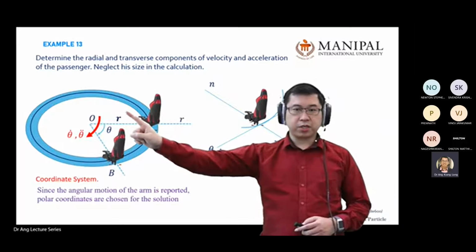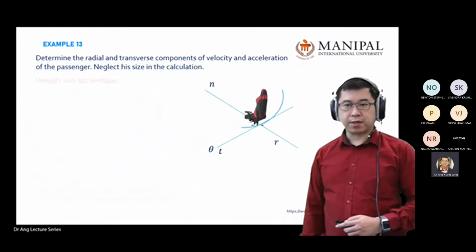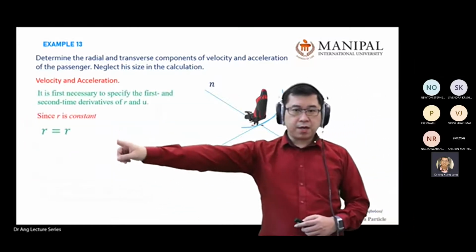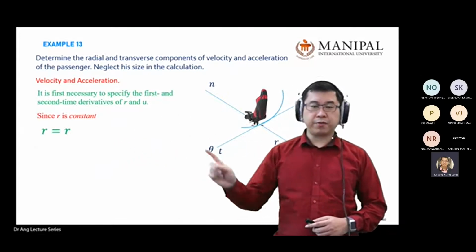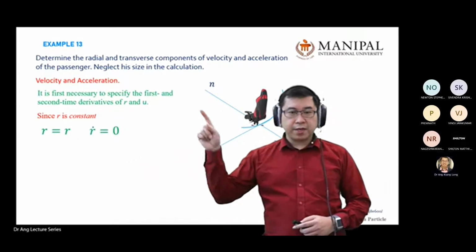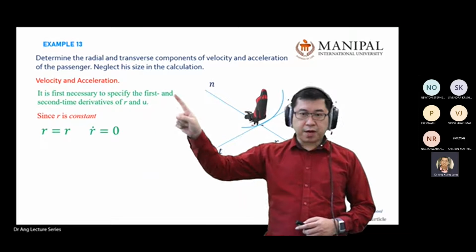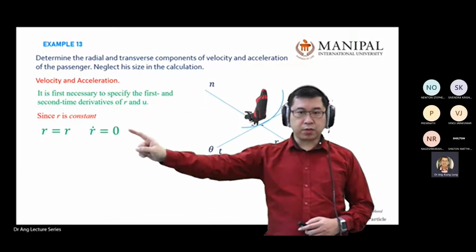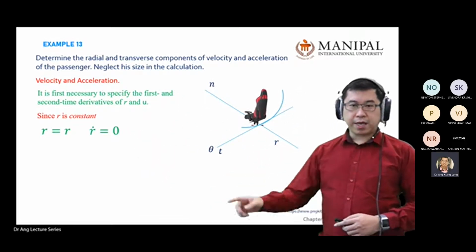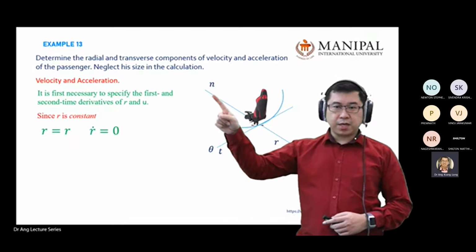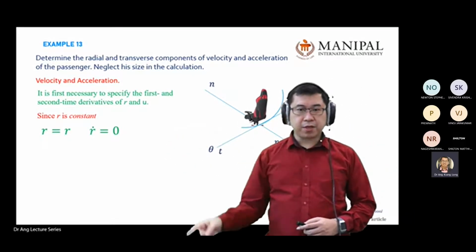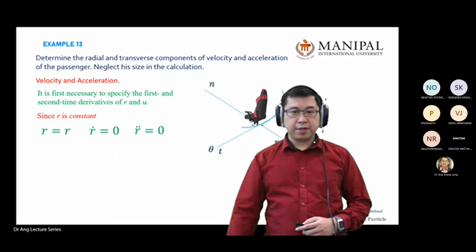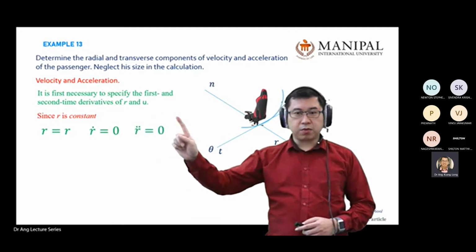So r equals r, and then you differentiate one time to get the changes of your r: r dot equals 0. If you differentiate one more time, you still get 0, so r double dot equals 0.